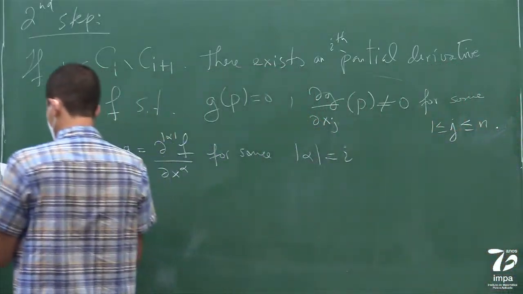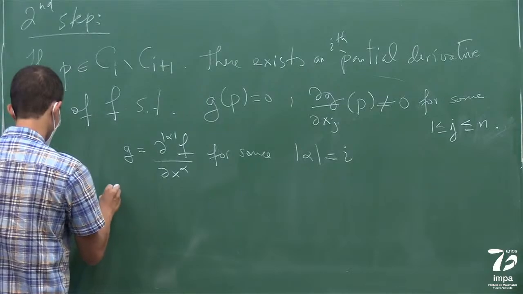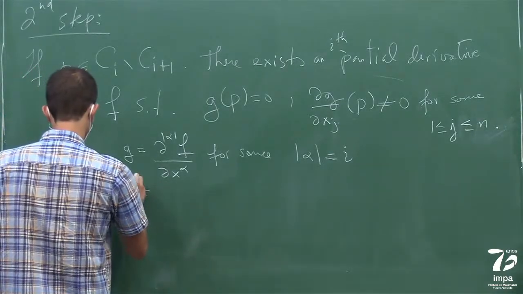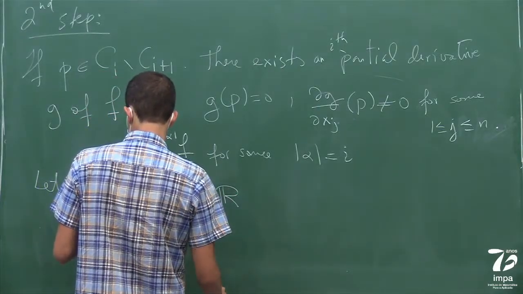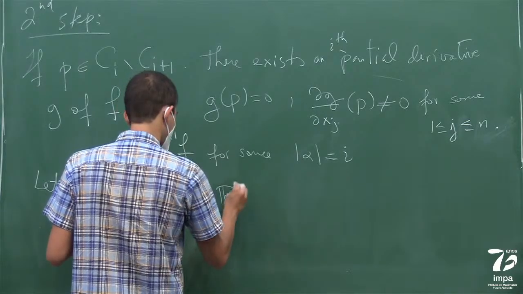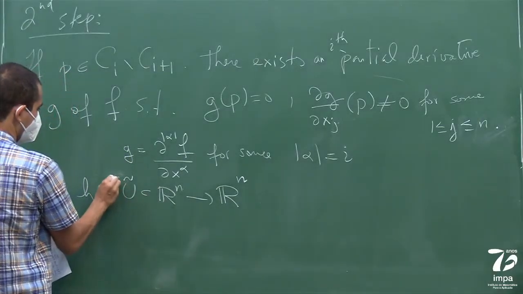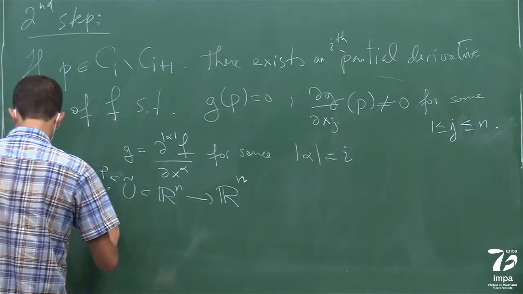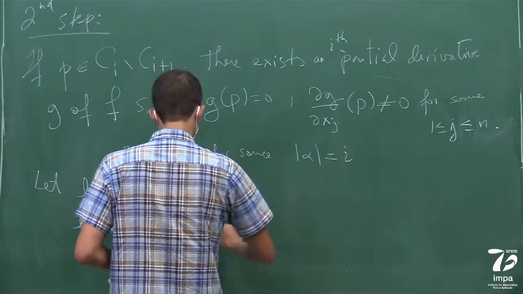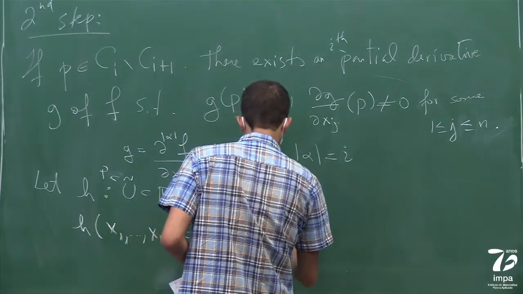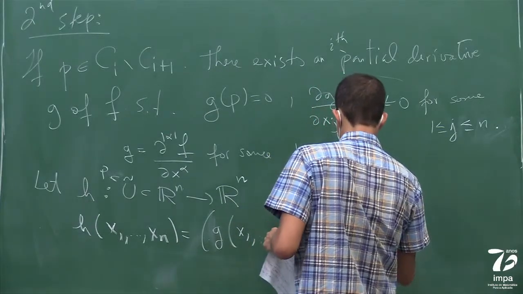Okay, so now I can define a new function. I can let H be a function that goes from some U tilde in Rn to Rn, where this U tilde is some open set containing P. And I'm going to define H of x1 through xn to be G of x1 through xn, and then x2, etc., xn.